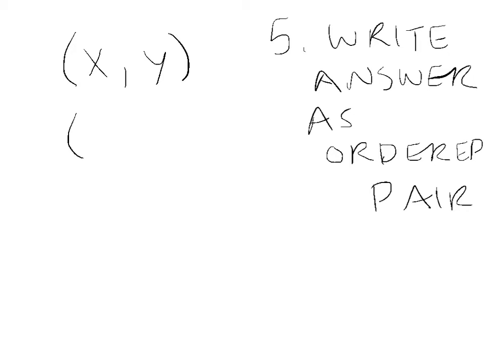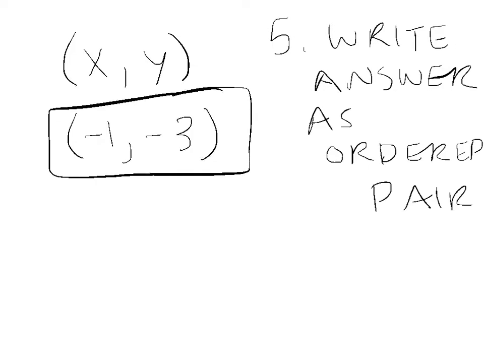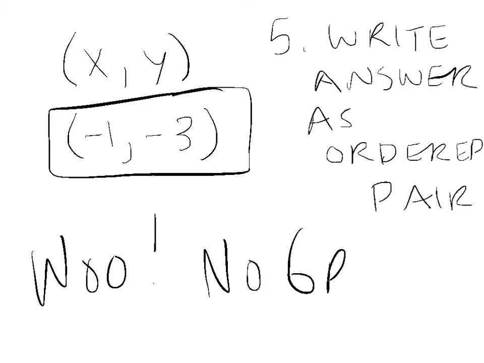So my x value is -1, and my y we found to be -3. And that is the solution to your system without having to graph it. One can say, woo, no graphs. Happy face.